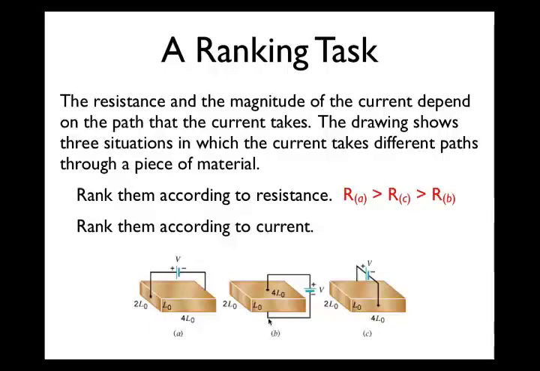So the current is going to be inversely proportional to the resistance. In other words, the one that has the most resistance has the least current, and the one that has the least resistance has the most current. Therefore, we expect the current to be greatest in situation B and the smallest in situation A. It's the exact reverse of the ranking for the resistance part of the question.